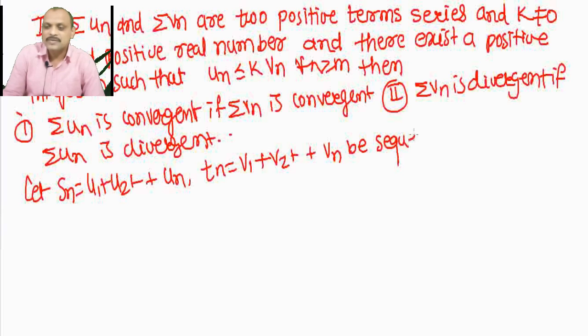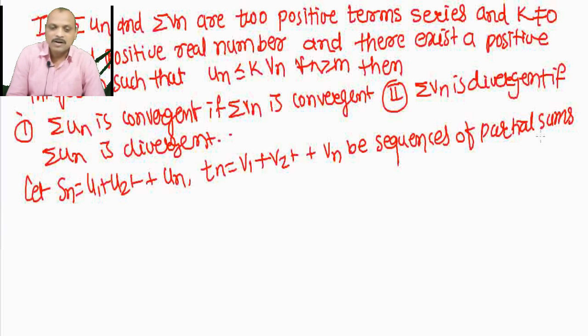These are the sequences of partial sums of the two series summation un and summation vn respectively.